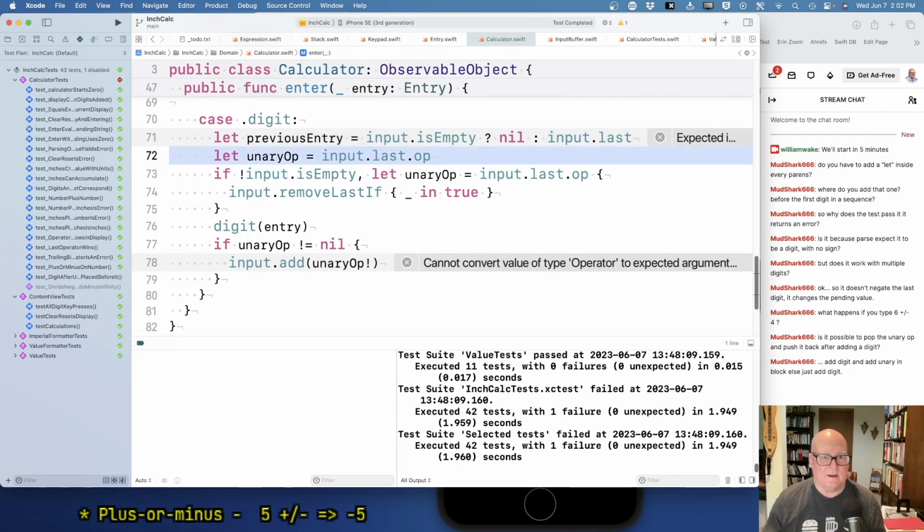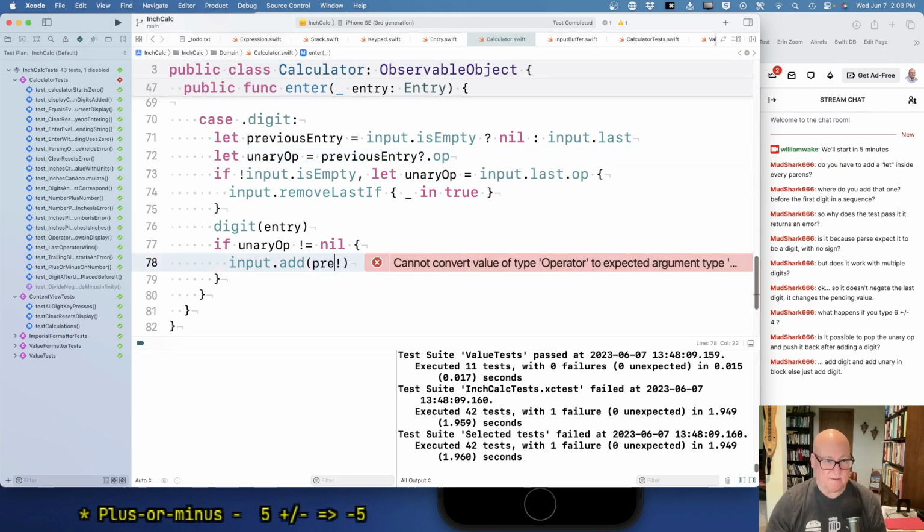Okay, now if this is previous entry question mark dot op, so it's nullable. Okay, if the previous entry here, I want to push previous entry.